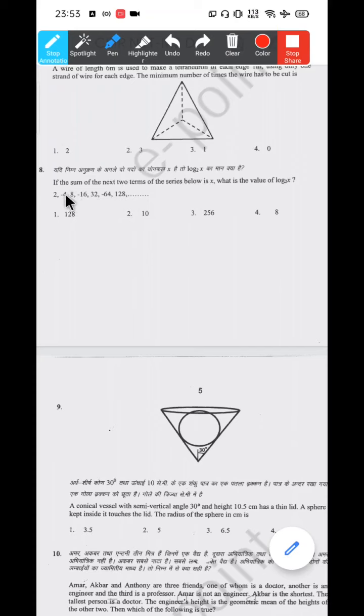See, this is 2 raised to 2, 2 raised to 3, 2 raised to 4. No, that is 2 into 4. That is a multiple of 2. So it's 2 into 2, 2 into 3, 2 into 4.